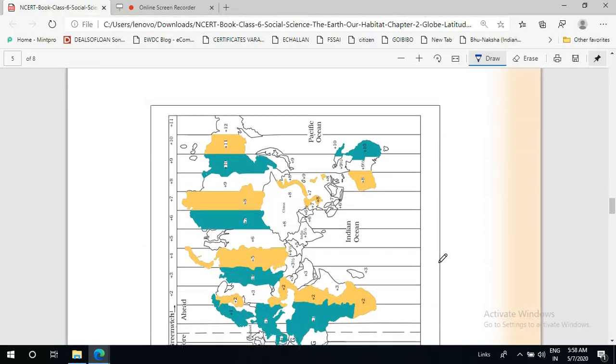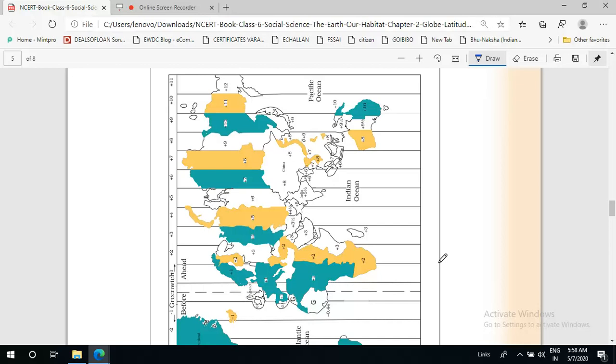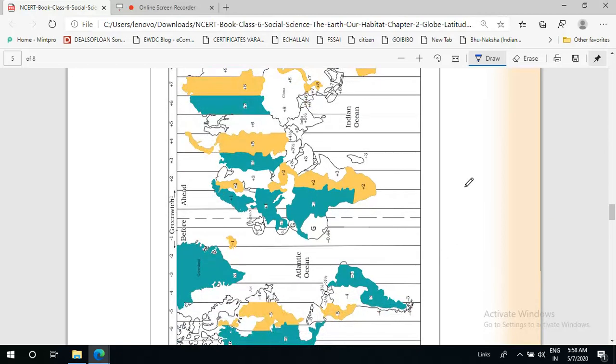Now this is the picture of the world, and in this map we see that different vertical lines are drawn. These vertical lines are representing the longitude. Now I will tell you. You can see here, this is the 0 degree longitude.